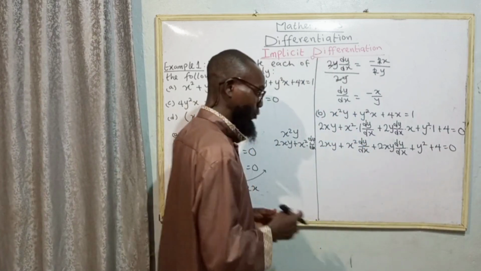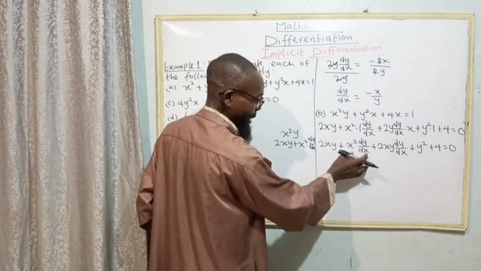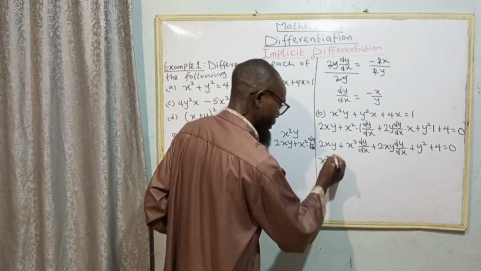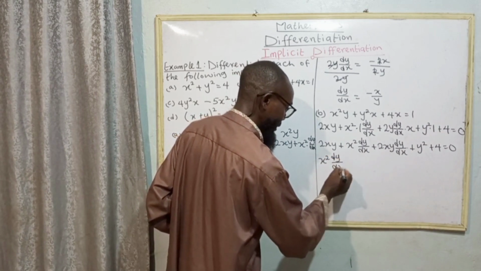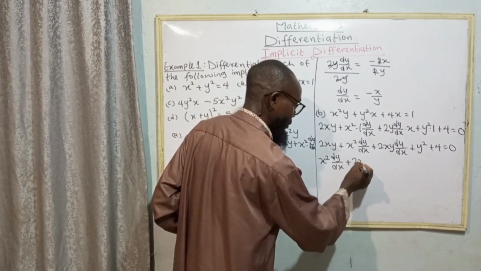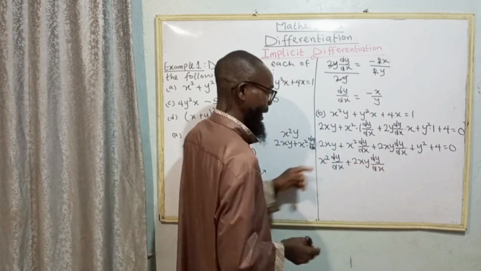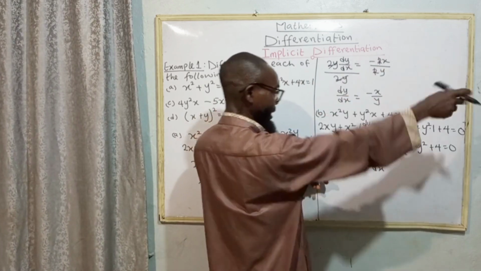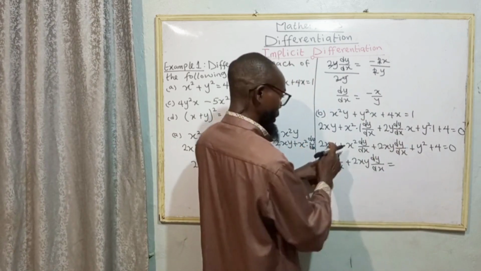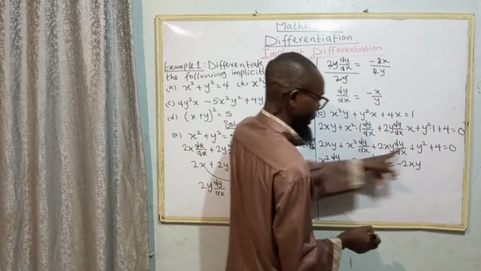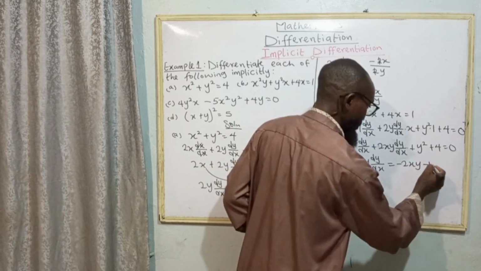Fine. I have to collect like terms. All my dy/dx together: x squared dy/dx plus 2xy dy/dx. Then let me take this one to the other side, is equal to, this one is going there, minus 2xy. Fine. This one is going out, minus y squared.